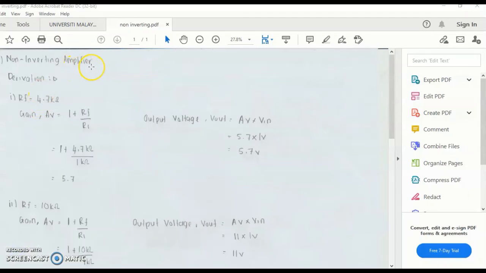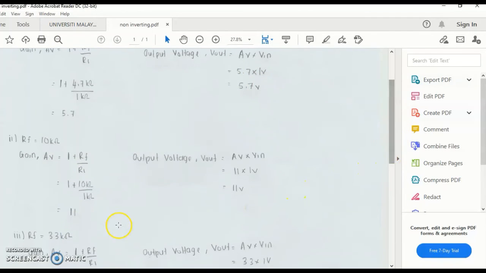In the non-inverting amplifier, the positive terminal is connected with a positive supply. So with RF equal to 4.7 kilo ohm, we get AV 5.7 and the output voltage is 5.7 volt. For RF 10 kilo ohm, we get AV of 11, and the output voltage is 11 volt.